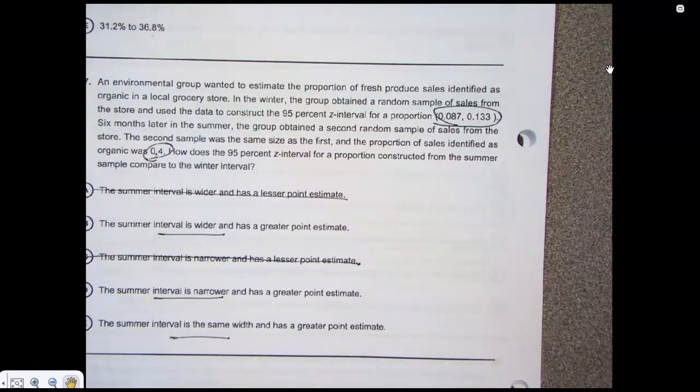All right, if p is 0.11, what's q? 0.89. Do 0.11 times 0.89. 0.097. So what I'm figuring out right now is the top part of the margin of error calculation, right? Which one of those is going to result in a bigger number here, the 0.4 or the 0.11?